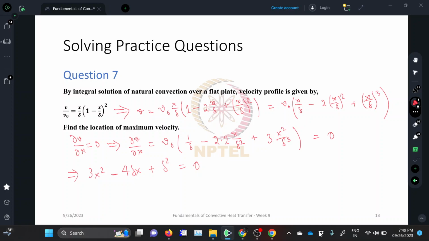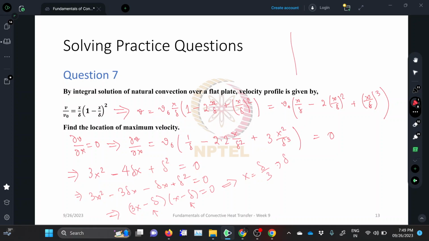We can split this middle term into 3x squared minus 3 delta x minus delta x plus delta squared equal to 0. We can factorize this: 3x minus delta into x minus delta equal to 0. So there are two solutions for x: delta by 3 from the first one and delta for the second one.